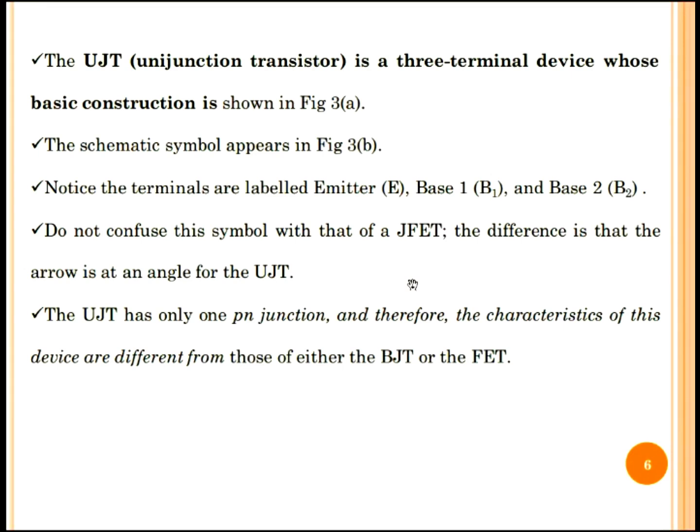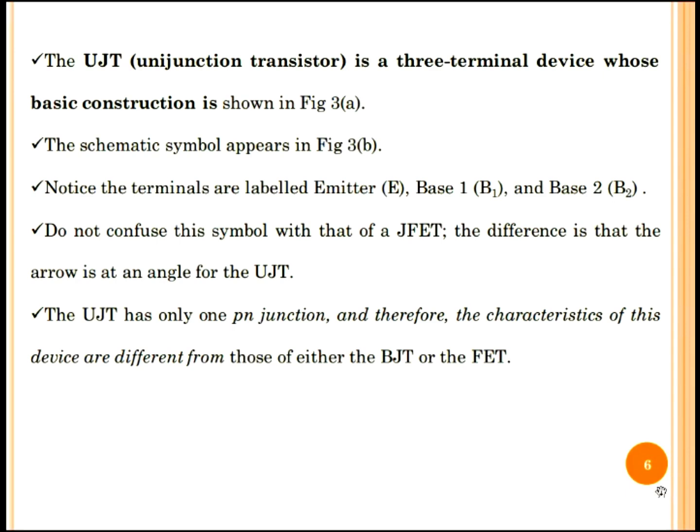The UJT has only one PN junction, and therefore the characteristics of this device are different from those of either the BJT or the FET. Even though it is called a transistor, the typical characteristics exhibited by the UJT are different from the BJT and FET devices, because it has only a single PN junction, whereas the BJT and FET have two junctions.